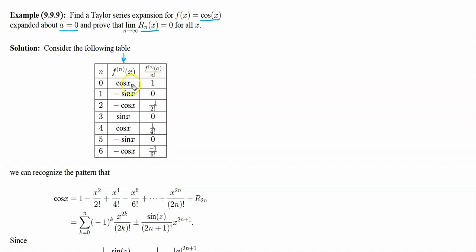So putting 0 in here for x, we get 1. The cosine of 0 is 1, remember. Putting 0 in here for x, the sine of 0 is 0. When n is 2, negative cosine of 0 is negative 1, and we divide by n factorial. So negative 1 over 2 factorial, that's our coefficient that goes with the x squared term. Okay, and then continuing in this manner, sine of 0 is 0.